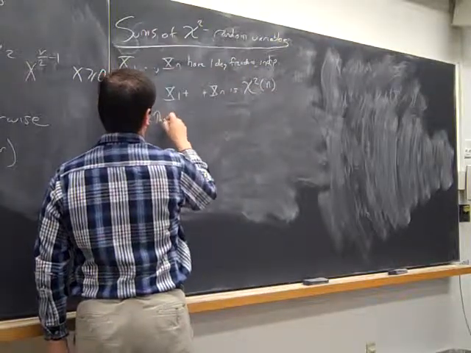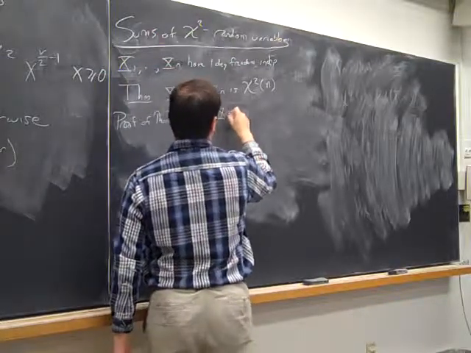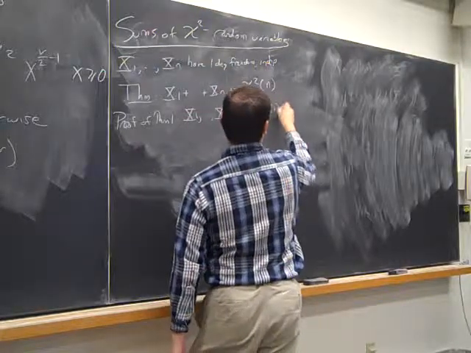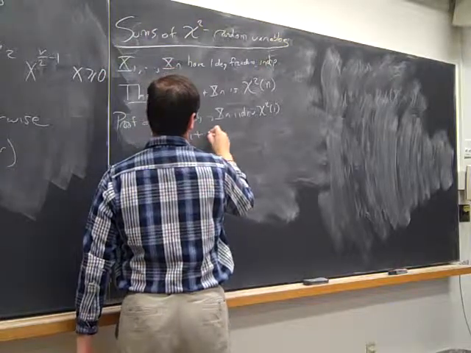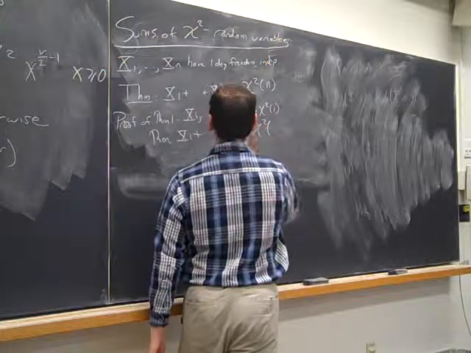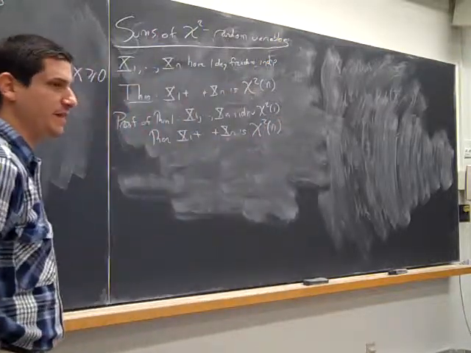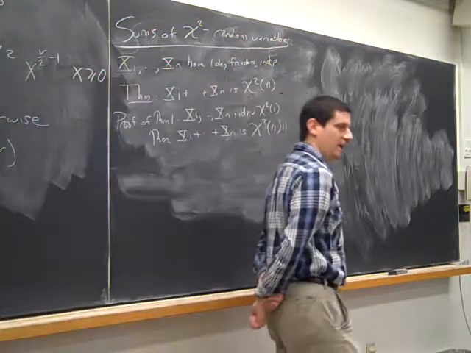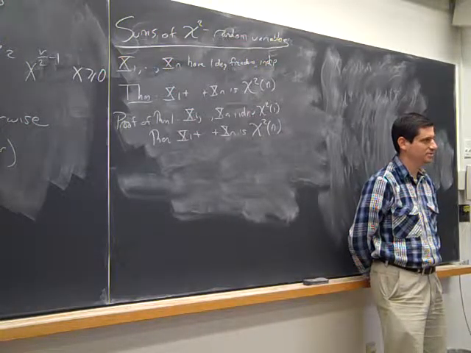Proof of theorem 1. If chi1 through chi n are IID RV chi-squared 1, then x1 plus through xn is chi-squared n. So I don't think we've used the phrase IIDRV yet in this class. IIDRV is independent, identically distributed random variables.